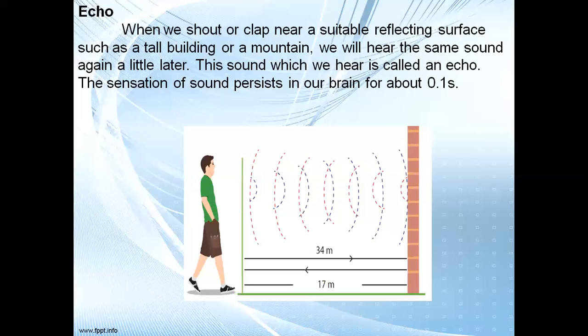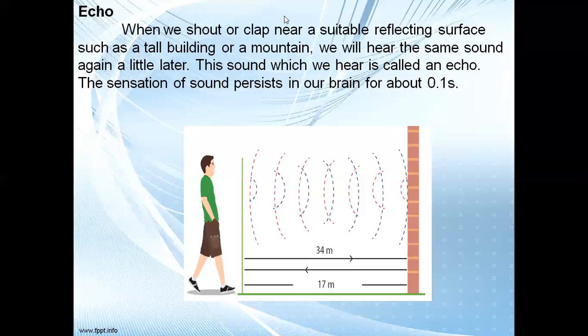This is in normal air, where the speed of sound is 340. If the obstacle is placed at 17 meters, we hear a clear echo.